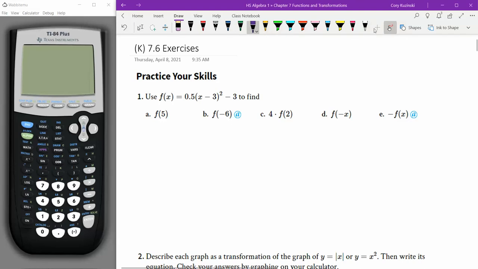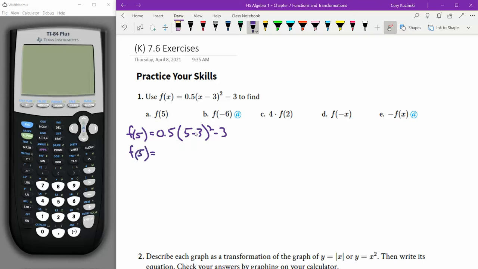All right, so on A here, find the value of f of x, which is defined here, when x is 5, basically, is what that said. Okay, so let's do this. F of 5 is 0.5 times 5 minus 3 squared minus 3. So I think I'm going to go calculator heavy here today, at least on this.